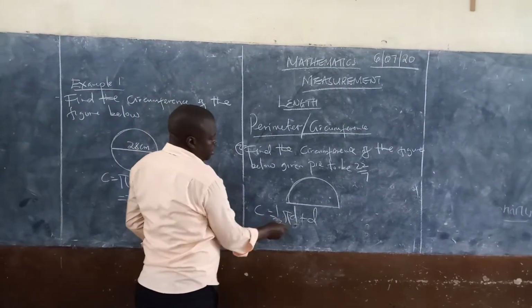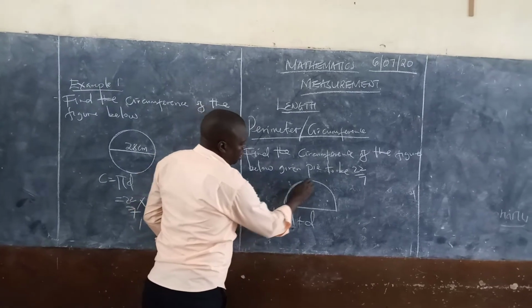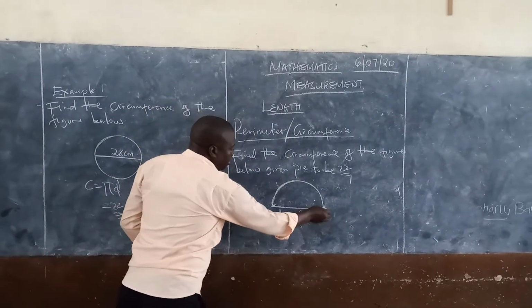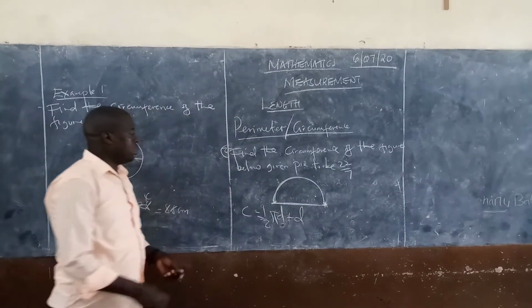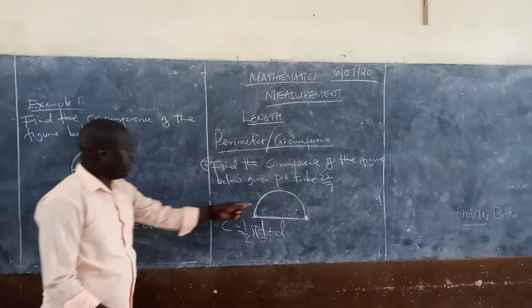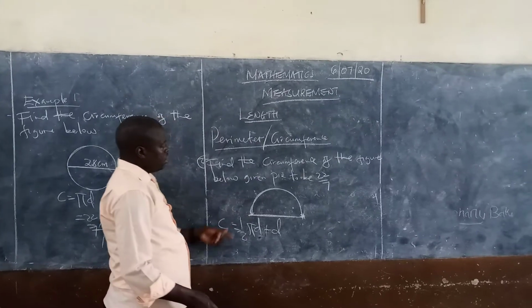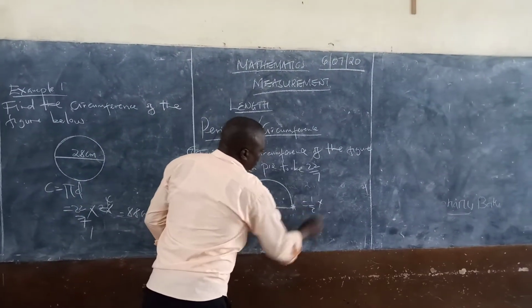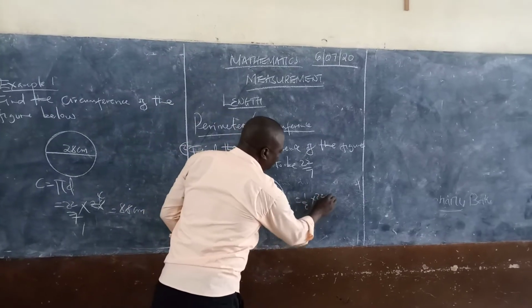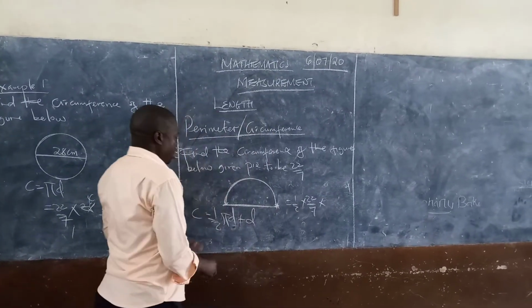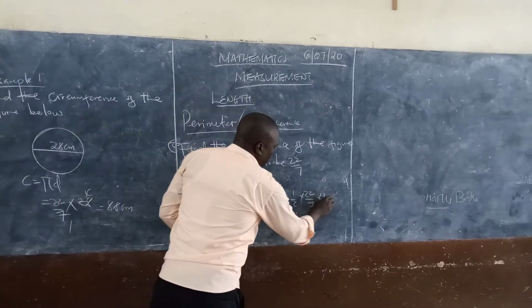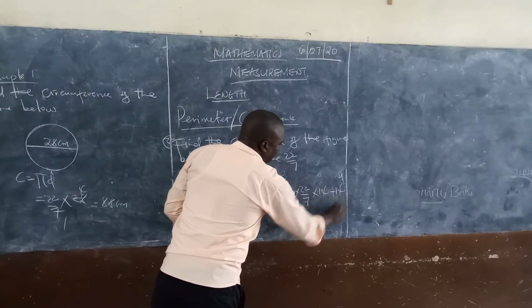The half pi d is the distance from there up to that point. Then you need to add the diameter so that you complete the circumference of this figure, or the perimeter of this figure. So a half, our pi is 22 over 7, and our diameter is 14, times 14 plus 14.